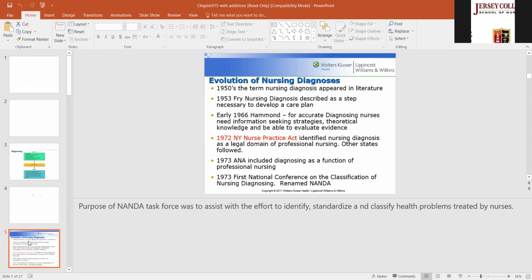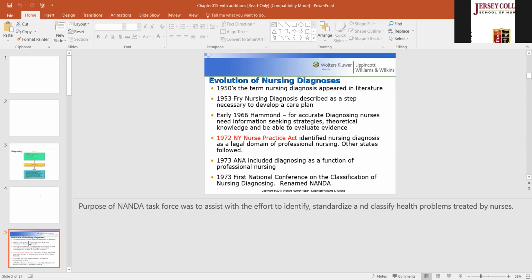So in the 1950s, the term nursing diagnosis first came out in literature. It came out as a 4-step plan, okay? And then it evolved from that point. In 1953, nursing diagnosis was included to help develop the care plan. In 1966, the accurate nursing diagnosis information comes out, and now we start to seek strategies. We start to look at evidence-based practice and actually evaluate how it affects our nursing care.